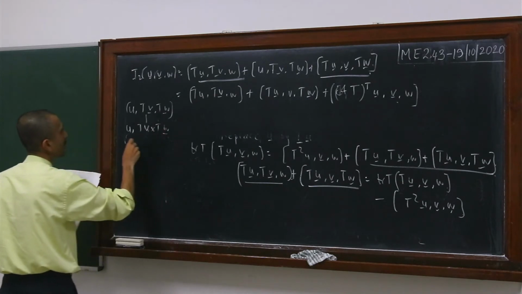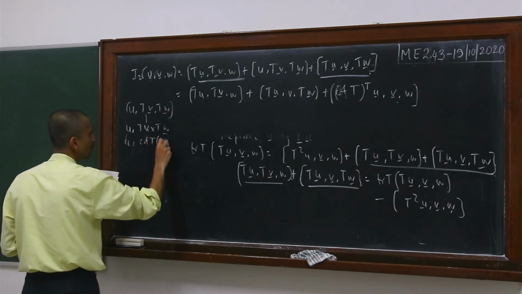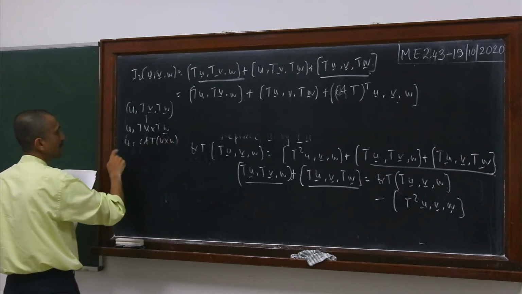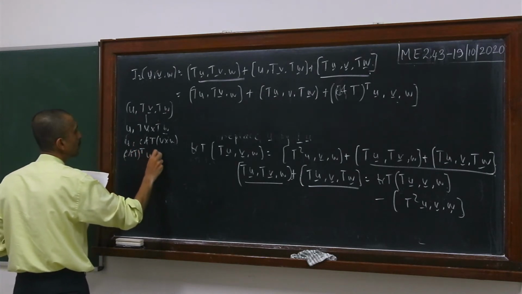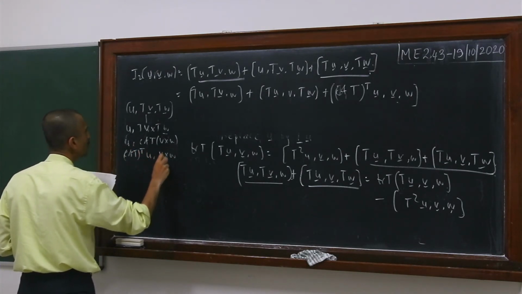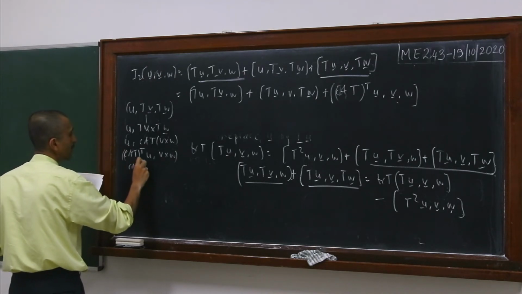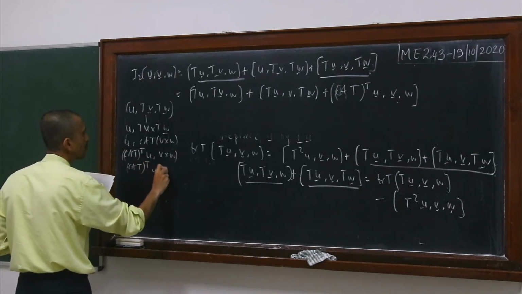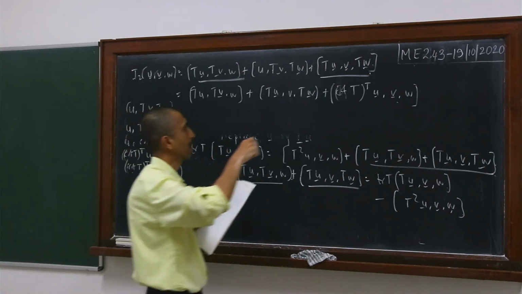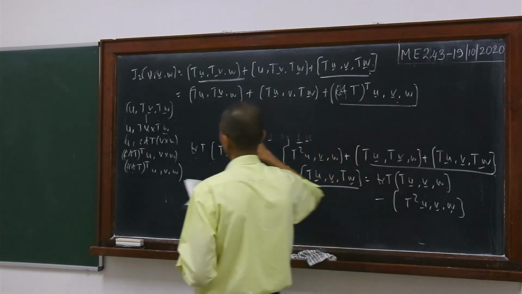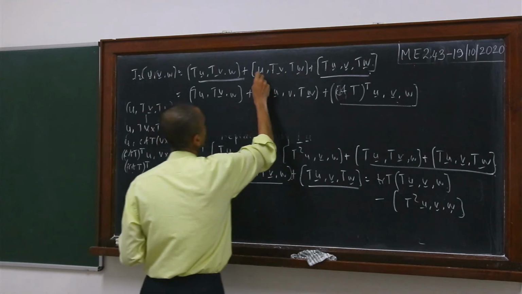Then this I am writing as U dot cofactor T times V cross W. And then this I can write, using the definition of the transpose, as cofactor T transpose U dot V cross W, and then again as a scalar triple product, cofactor T transpose U, V, W. So this last term is actually [U,TV,TW], which is this particular term here.